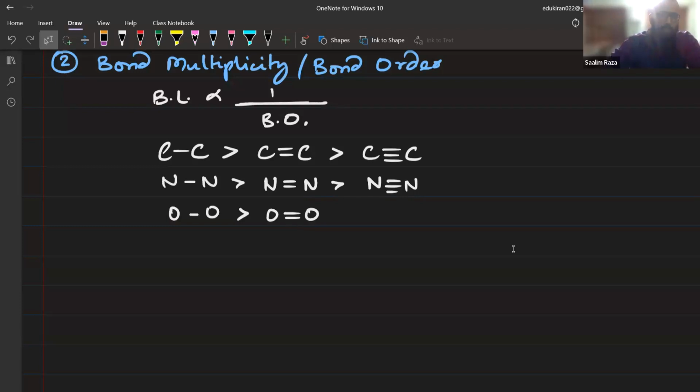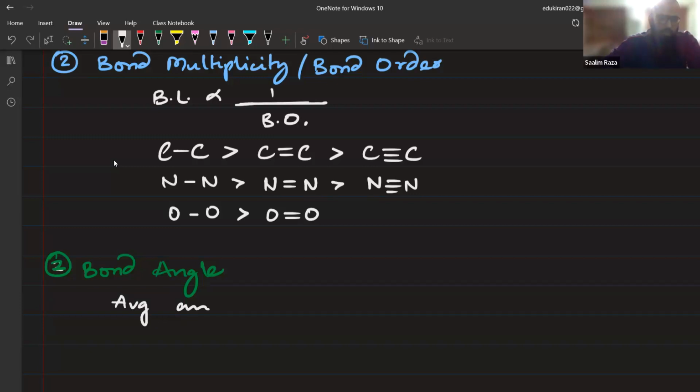After this, you are going to look at bond angle. Now, first, what is bond angle? Please write.